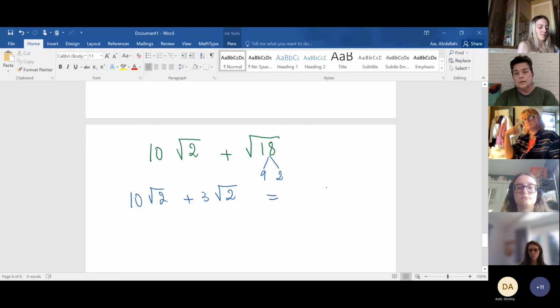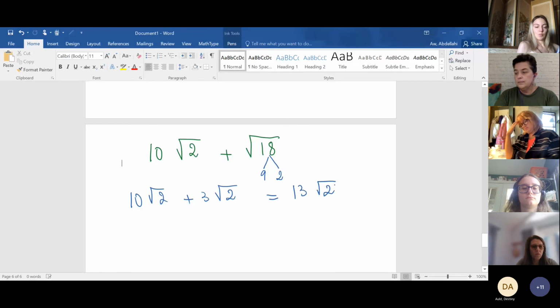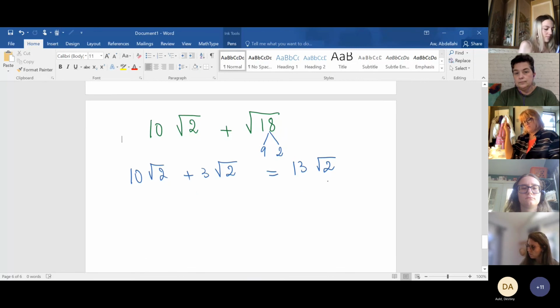What is the answer? 13 square root of 2. 13 square root of 2. Everybody see that? This is what you're going to see. Okay?